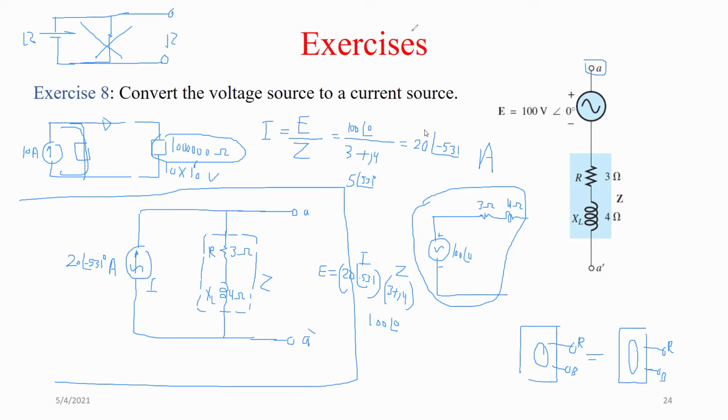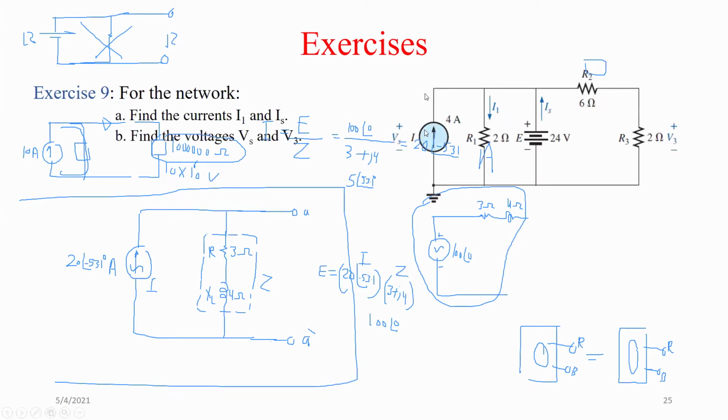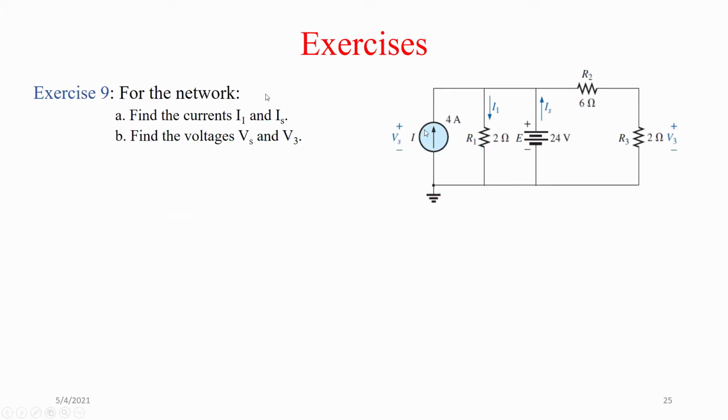Keep going. Any questions? Okay, we'll continue. There are a few exercises here. In some of them we will see current sources and voltage sources, and we want to get used to those different sources.